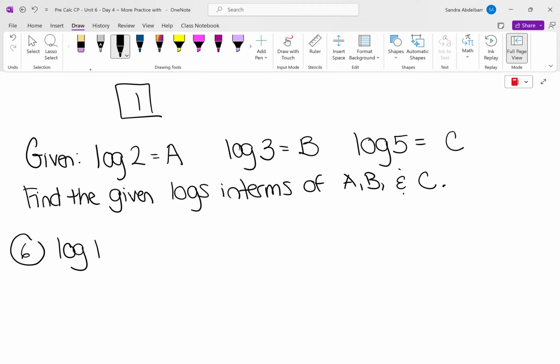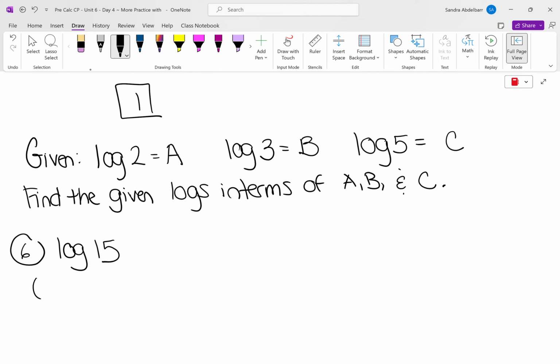Okay, so let's say I have log of 15. Well, I have log of 2 is A, log of 3 is B, log of 5 is C. I don't have log of 15, so I need to manipulate this argument.